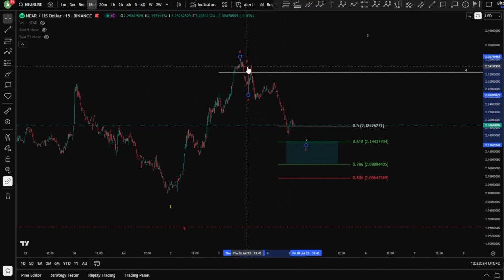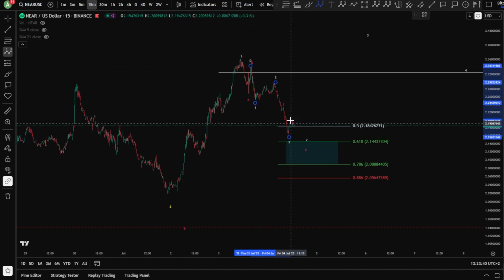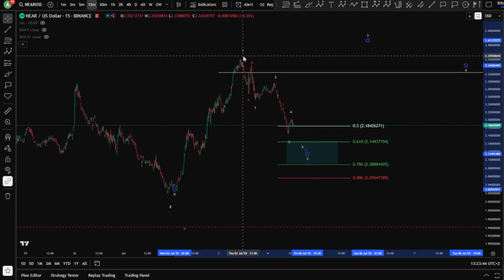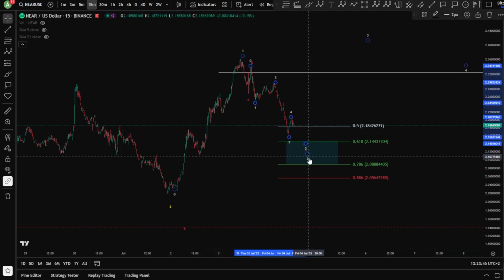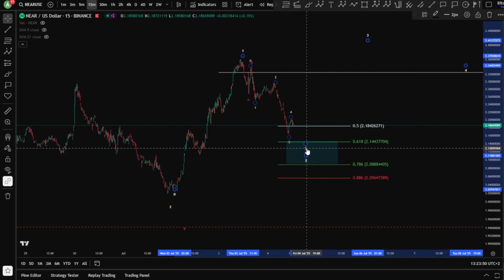Therefore, yeah, maybe this is then your wave B, and you're looking here. Yeah, this is much better as count 1, 2, 3, 4, and a 5 for a wave C to finish a wave 2 here. Okay, so we're gonna see, of course, how this is going to unfold, guys.